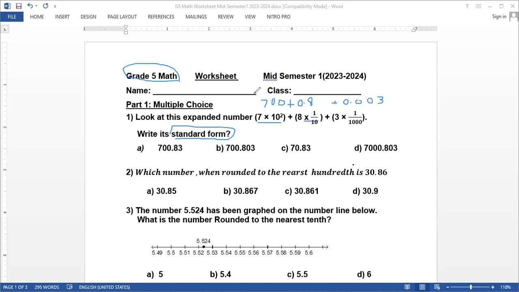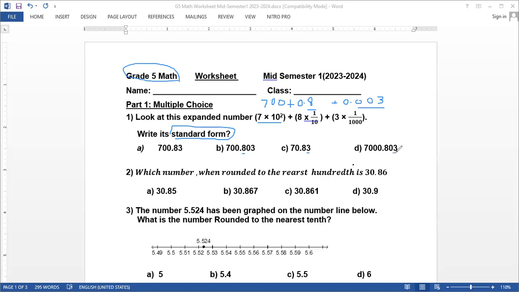Now when I collect them, in the hundreds I want 7, no tens and no ones. In the tenths part I want 8. But in the thousandths, focus with me, I need 3 digits. So here 3, but it's in the hundredths.